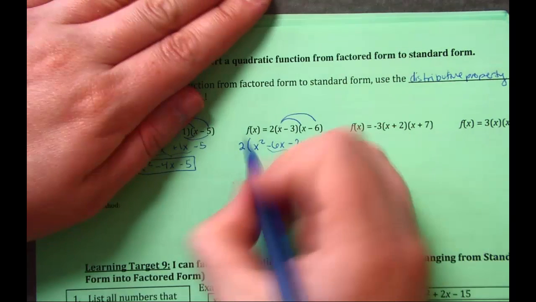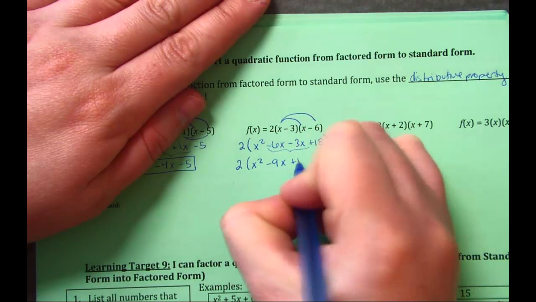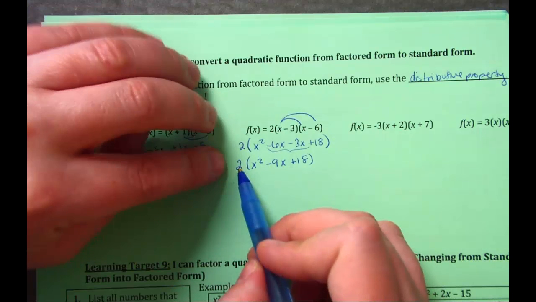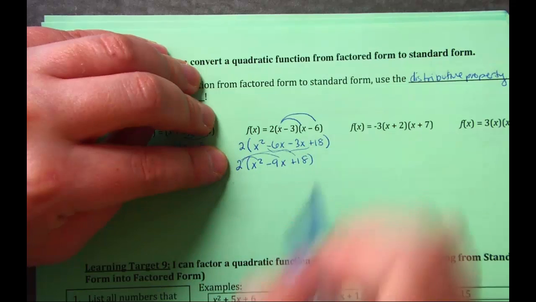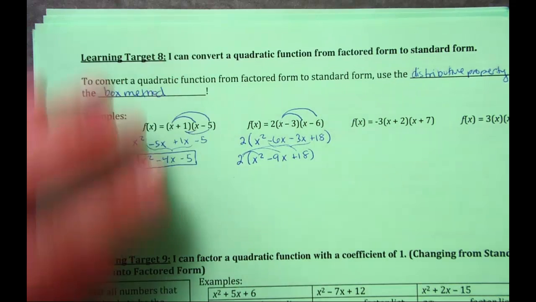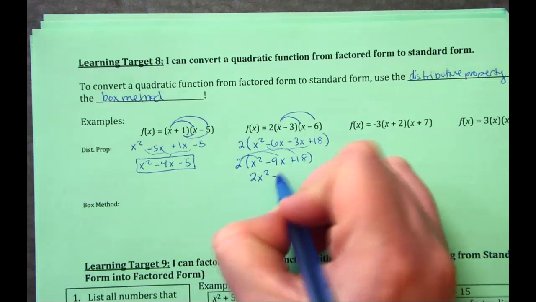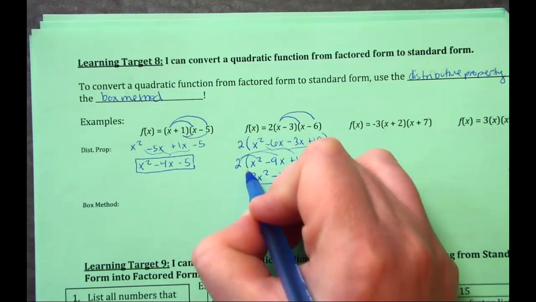I can combine them. So really it's x squared minus 9x plus 18. And then I just need to go back through and remember that I have this 2 here. So I'm going to multiply or distribute that 2 over everything. I'm going to multiply everything in there by 2. So it's really 2x squared minus 18x plus 36.